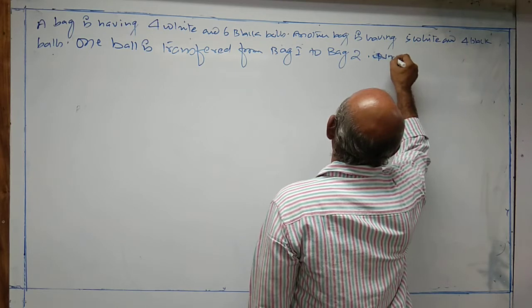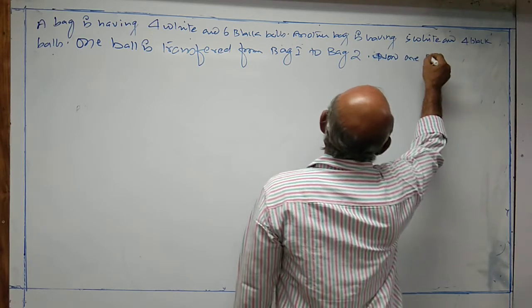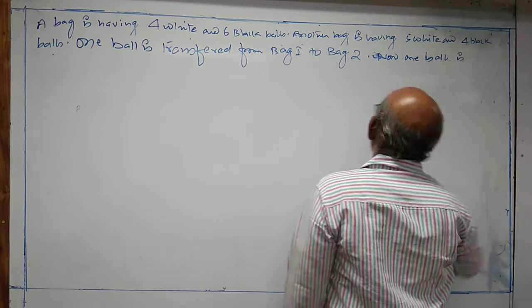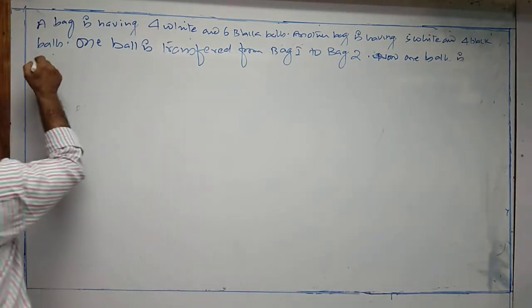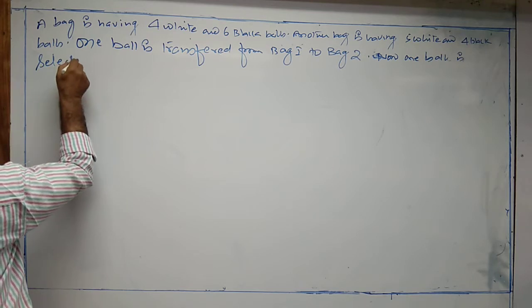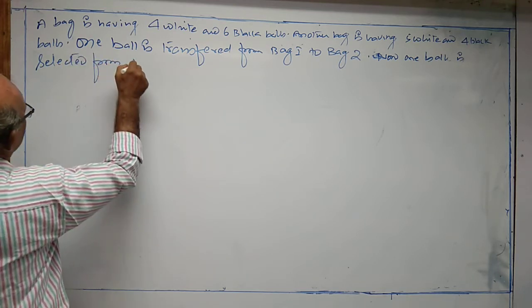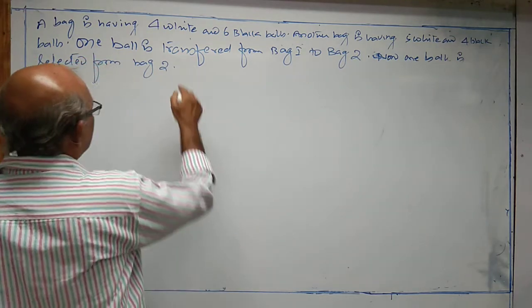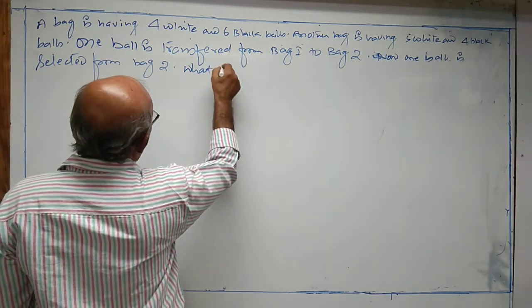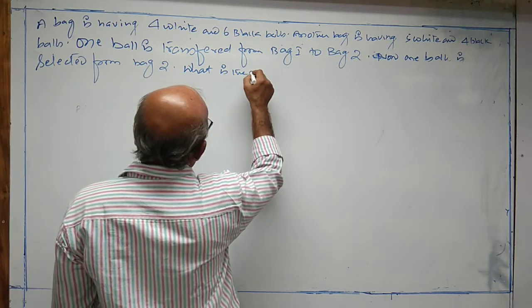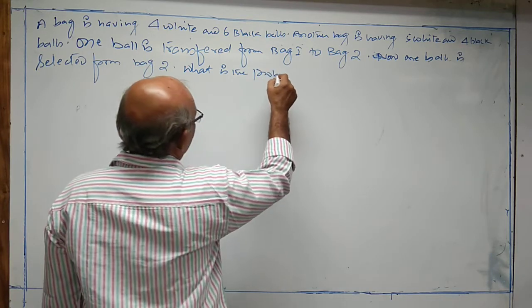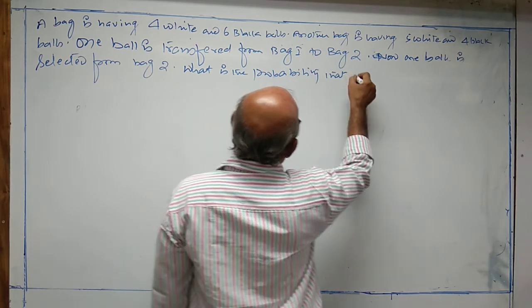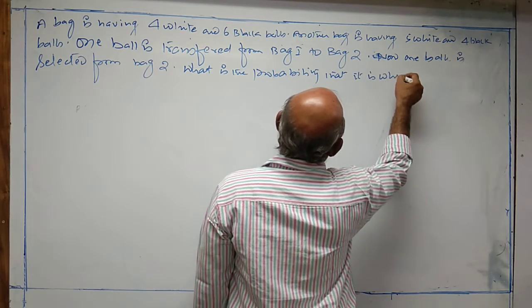Now, one ball is selected from bag 2. What is the probability that it is white in color?